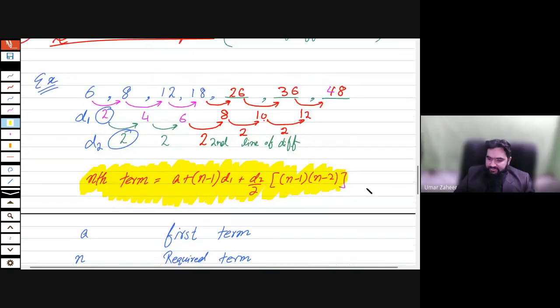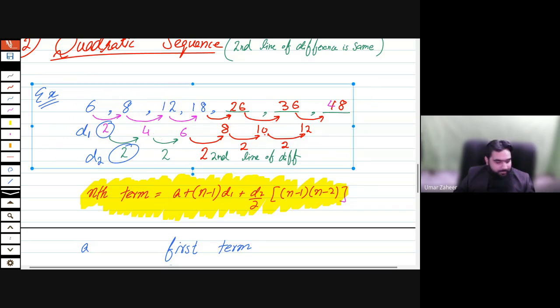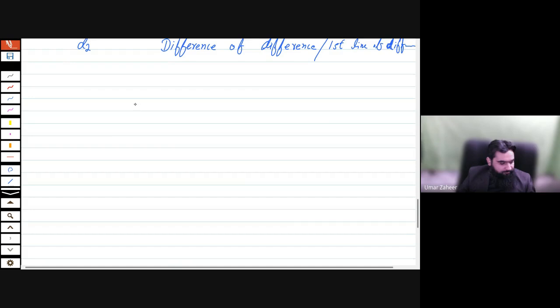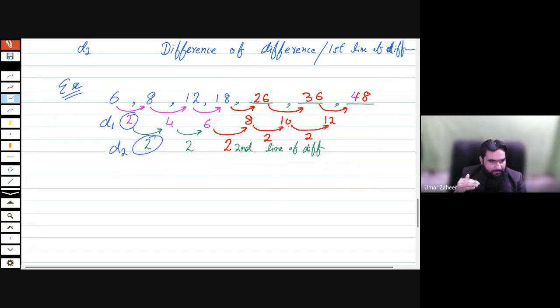Now let's take the same question down, and we are going to find the nth term first of all, because when you have the nth term of any sequence, you can easily find any other term. For example, if he says find the 20th term, you can use the formula, substitute the values, simple substitution, and it will be done.